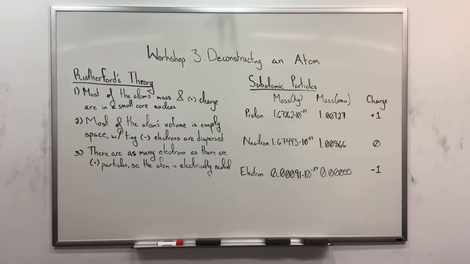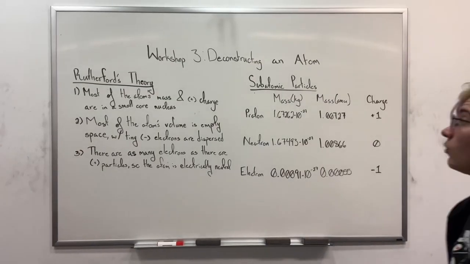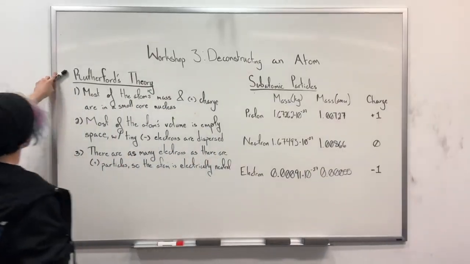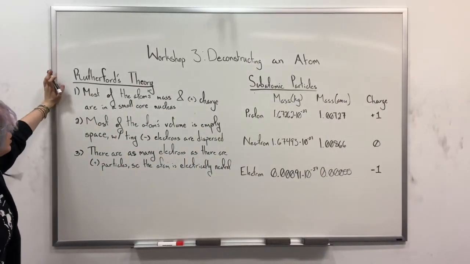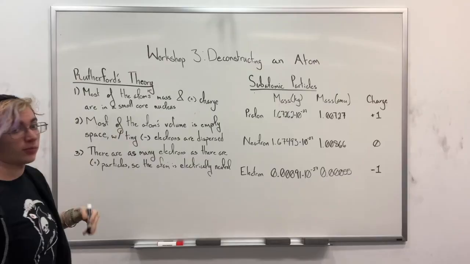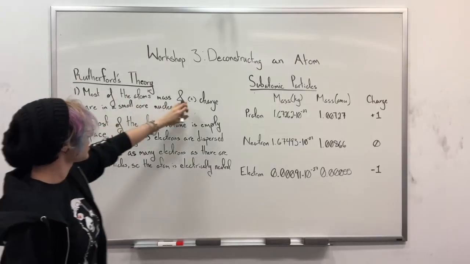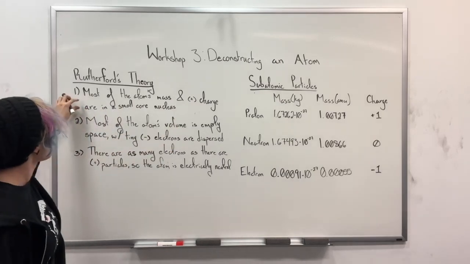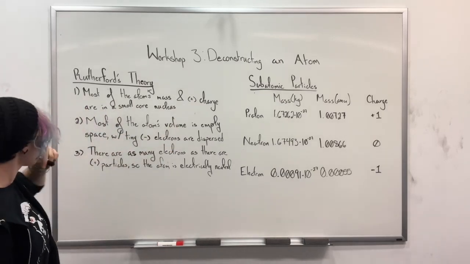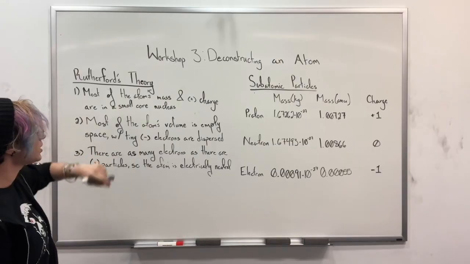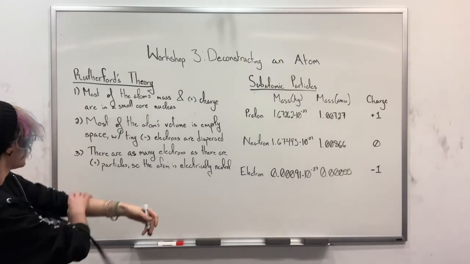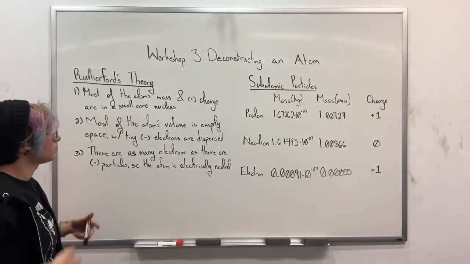So, from Rutherford's gold foil experiment, we get Rutherford's theory about how the atom is structured, which is drastically different from the original plum pudding model. One, most of the atom's mass and the positive charge that it has come from a small core nucleus. Two, most of the atom's volume is empty space with tiny negative electrons dispersed throughout it.